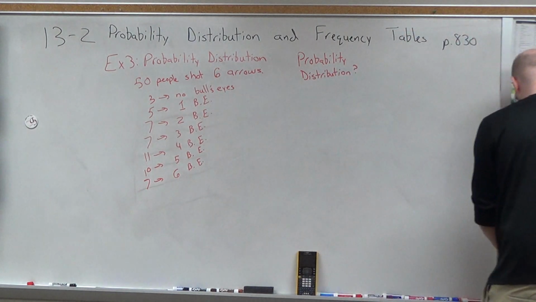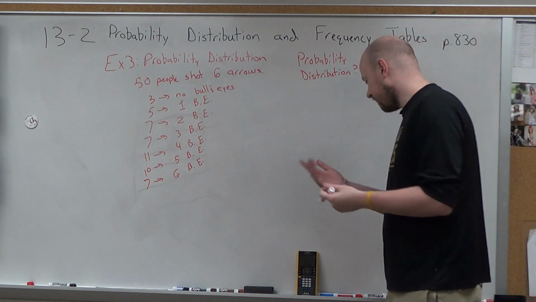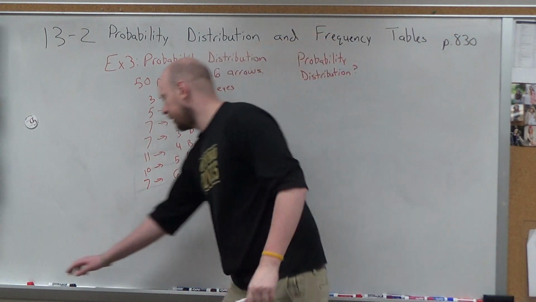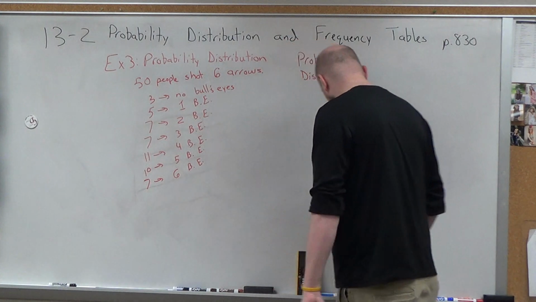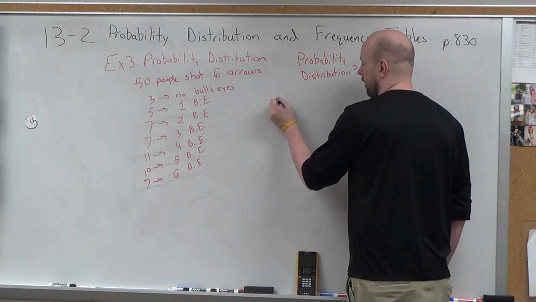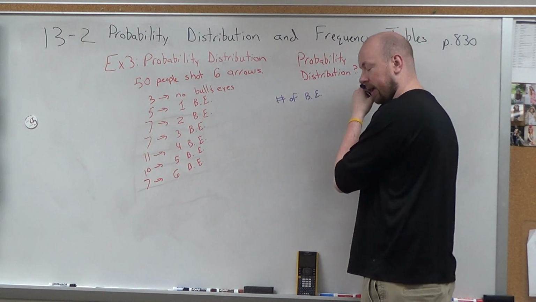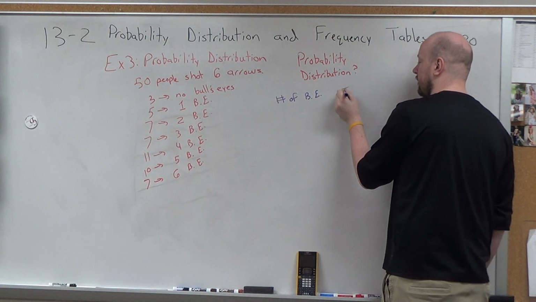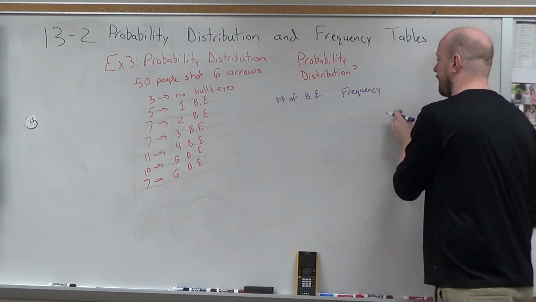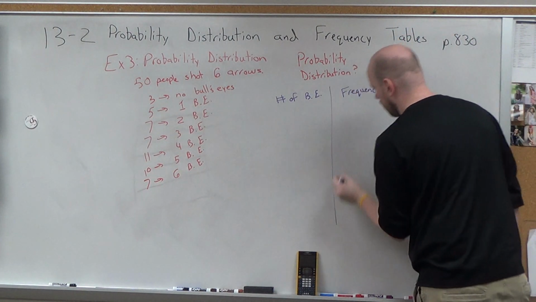Okay, so right now the way our information is laid out, it's just written in words, and in my case some shorthand scratch. That's not exactly going to be the best towards conveying data, so we need to make a chart. So our chart, of course, we get the number of bullseyes hit. We obviously get our frequency. And then at the end, we need to find the probability distribution.